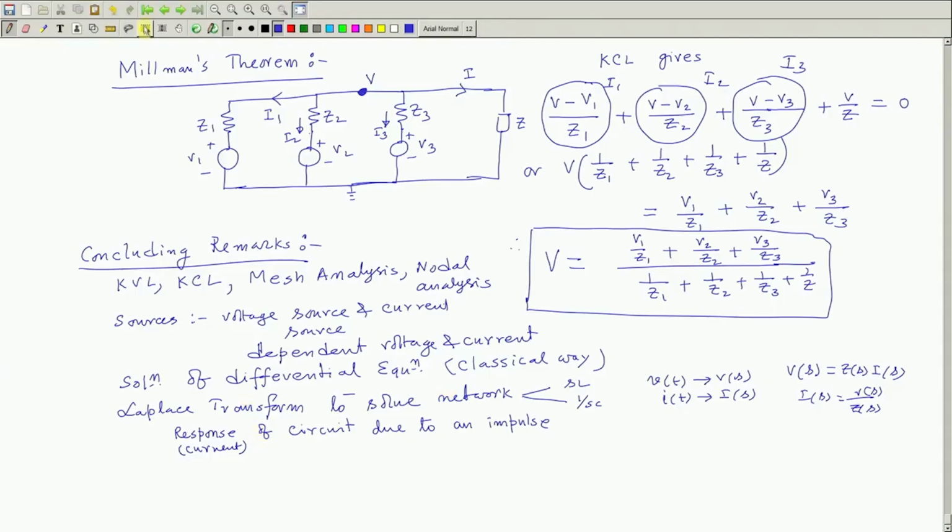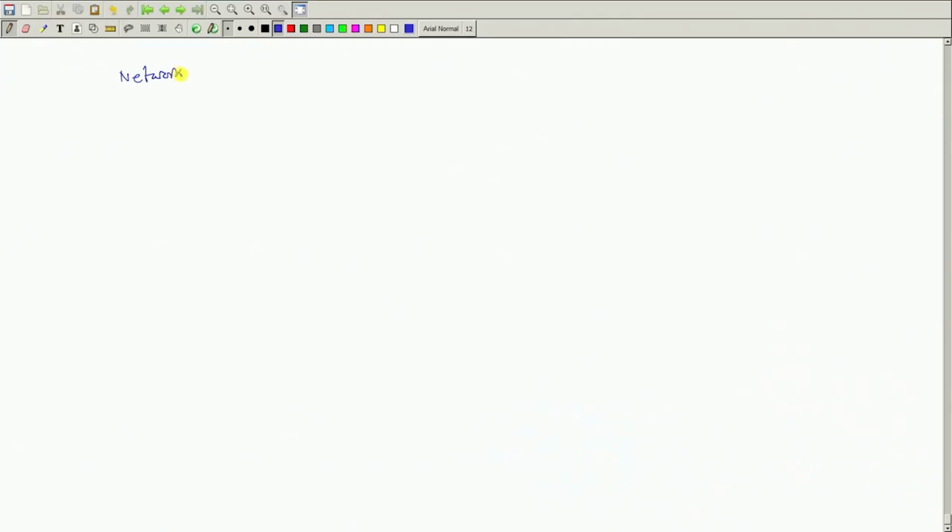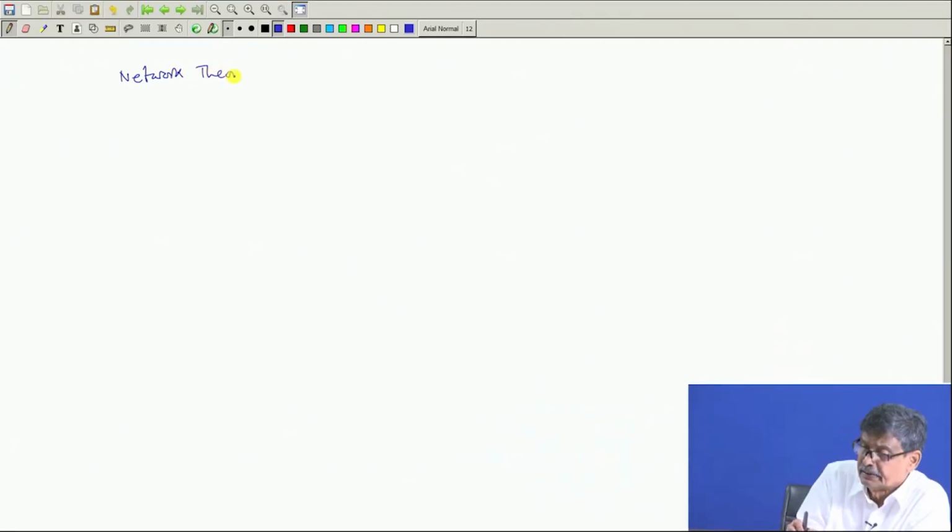Then the network theorems, these are very important things. Several network theorems, whatever I could recollect, I will tell that.